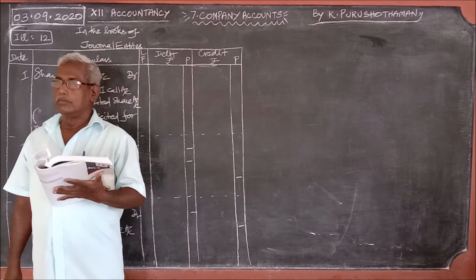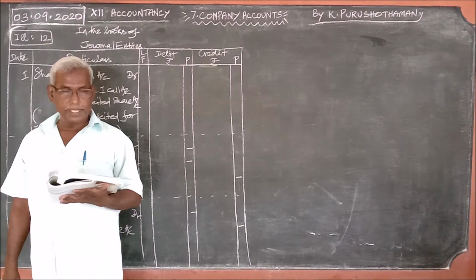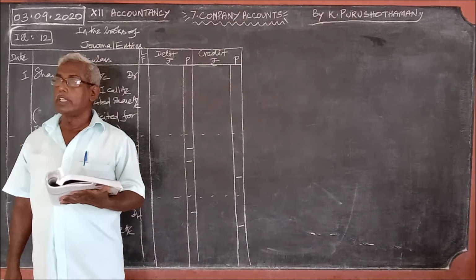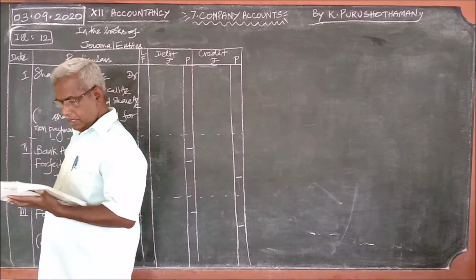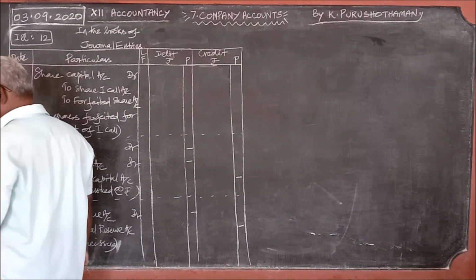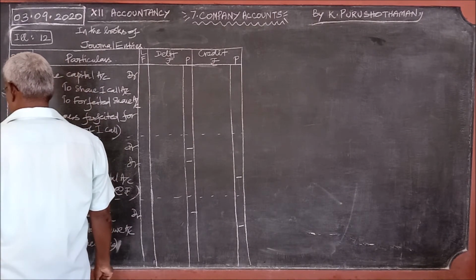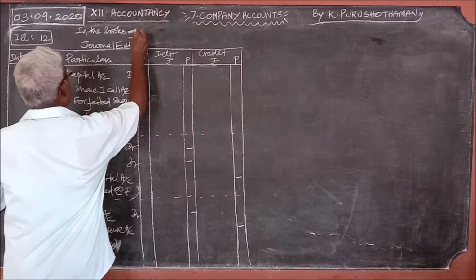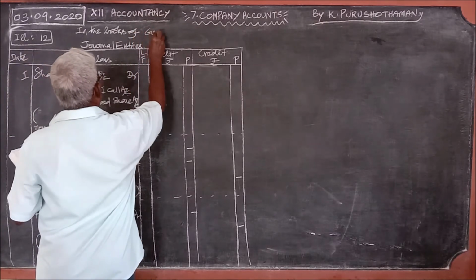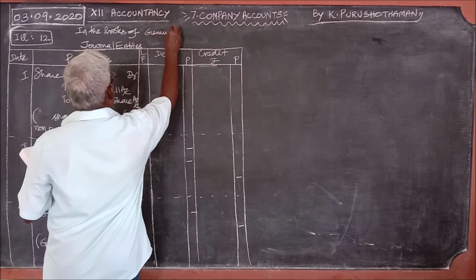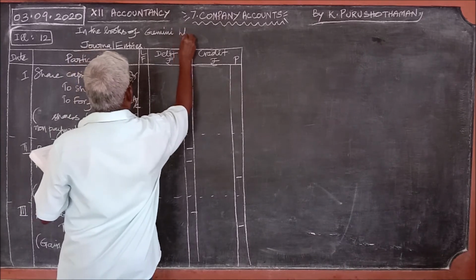So I am trying now to explain how the amount is got there. The same journal entry: Gemini Limited forfeited 20 equity shares, in the books of Gemini Limited, journal entries.